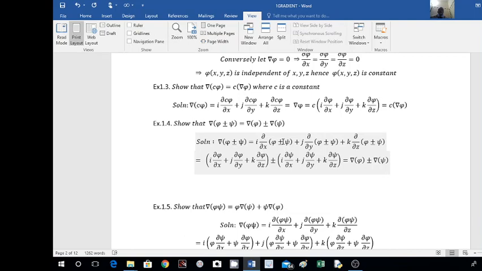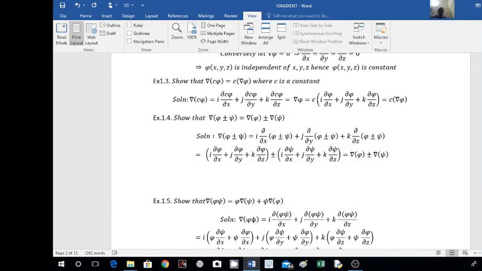Next, plus or minus is there: i ∂ψ/∂x plus or minus j ∂ψ/∂y plus k ∂ψ/∂z. So this term is nothing but our del pi, plus or minus this is nothing but our del psi. So that is here, del of pi plus or minus psi equal to del pi plus or minus del psi.